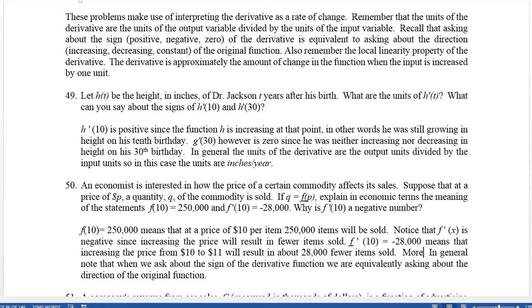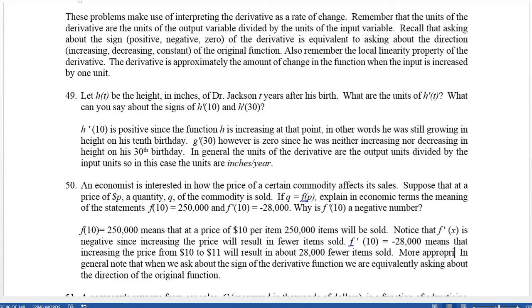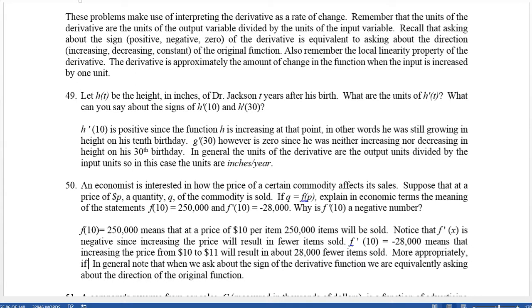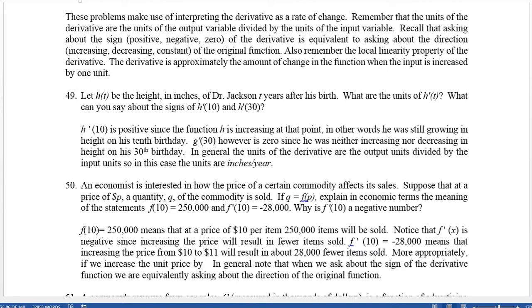More appropriately, we can increase a little bit less than that. In fact, the least is probably a cent per item. If we increase the unit price by 1/100th of a dollar, in other words, 1 cent, then how many fewer items?